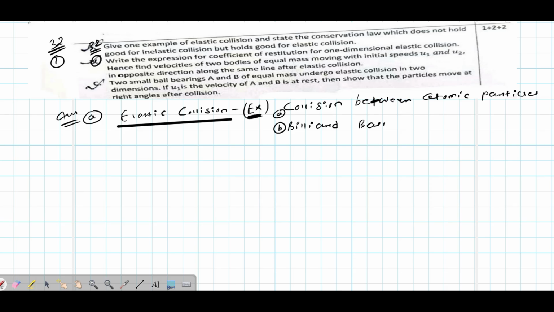State the conservation law which does not hold good for inelastic collision but holds good for elastic collision.